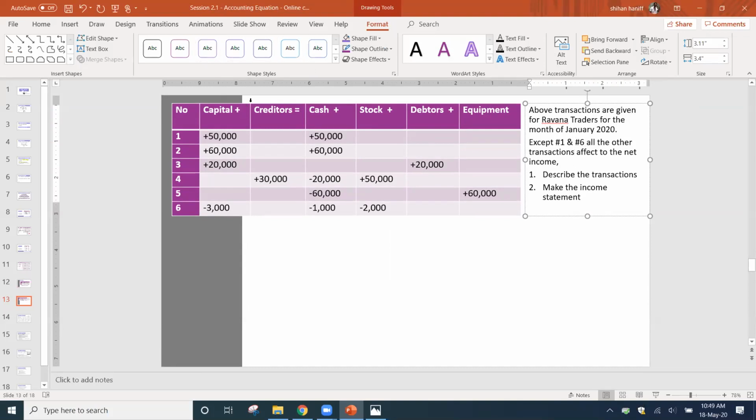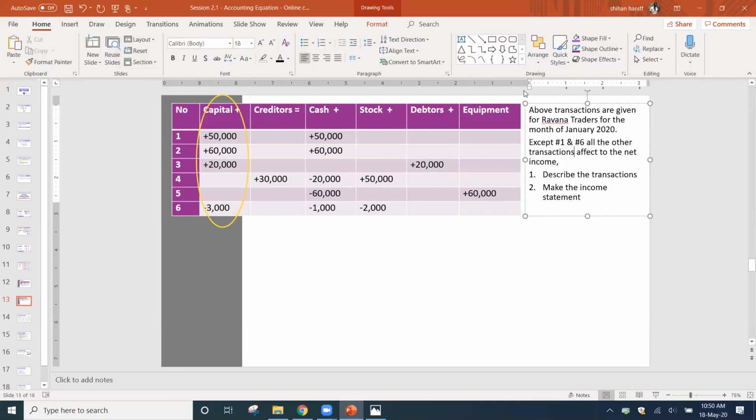Now, any transaction affecting net income. What is the meaning of affecting net income? Explain that.